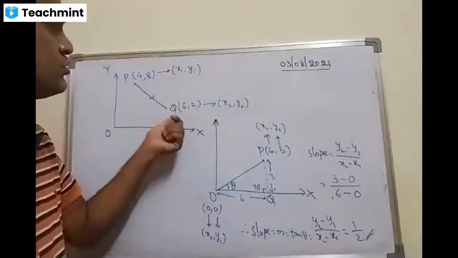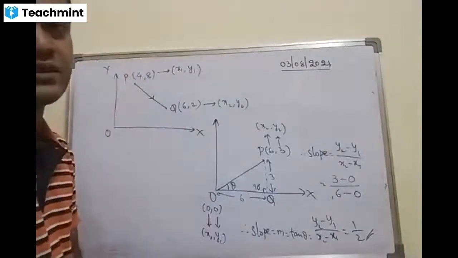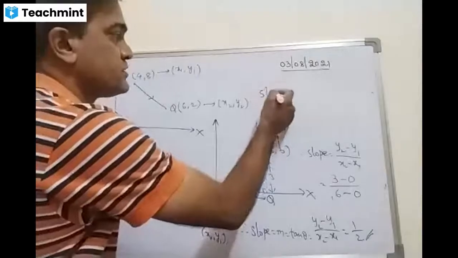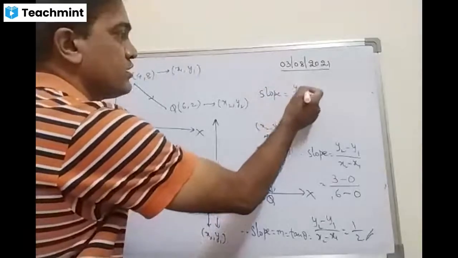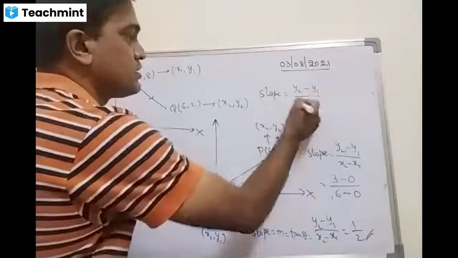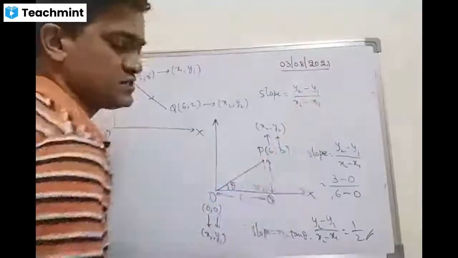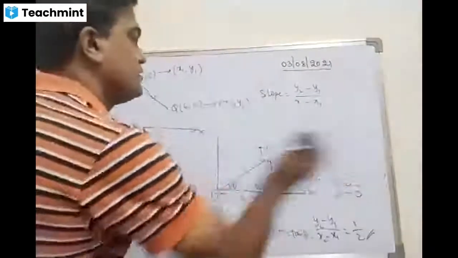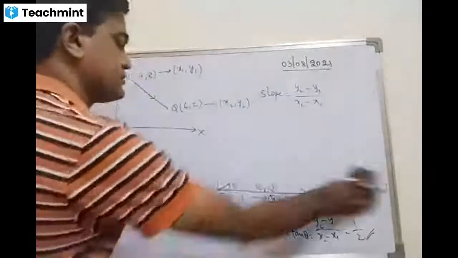Finally, you are reaching point Q from point P. So if I want to find out slope, slope is equal to y2 minus y1 upon x2 minus x1. In this case, what will I get as the value of slope?